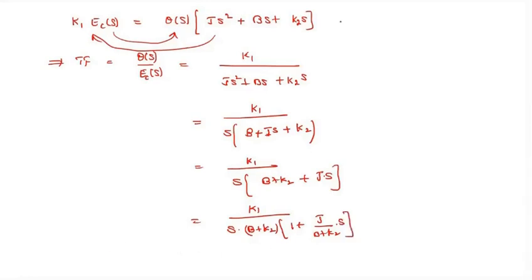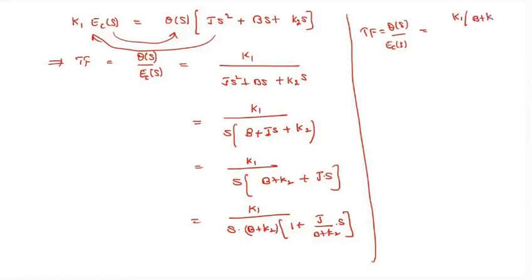So now I am going to write again the transfer function: theta of S by EC of S equals K1 by (B plus K2) by S into (1 plus J by (B plus K2) into S).